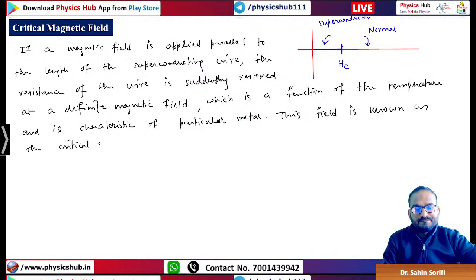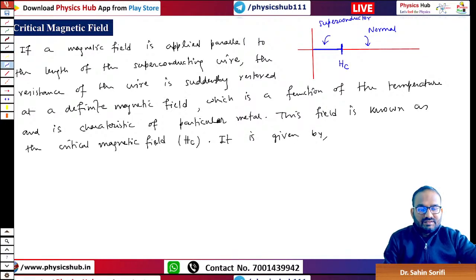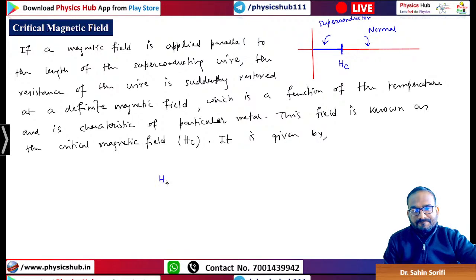Critical magnetic field, Hc. Now it is given by, mathematically we get this relation: Hc equals Hc0, what is Hc0?